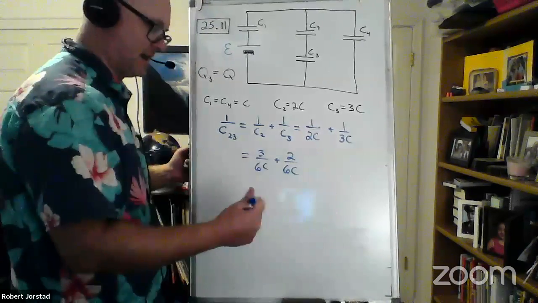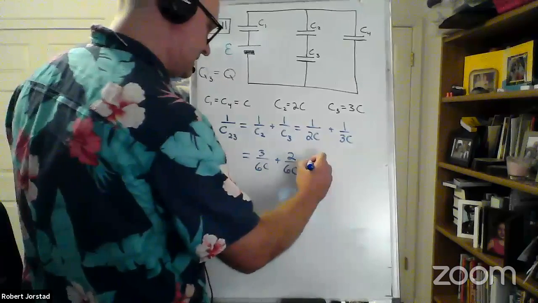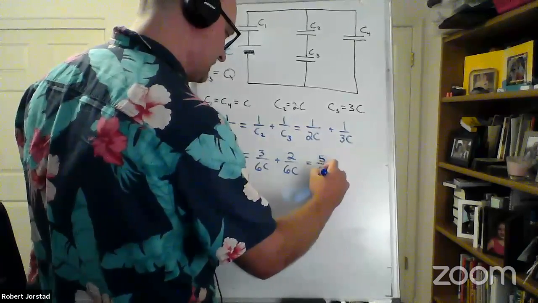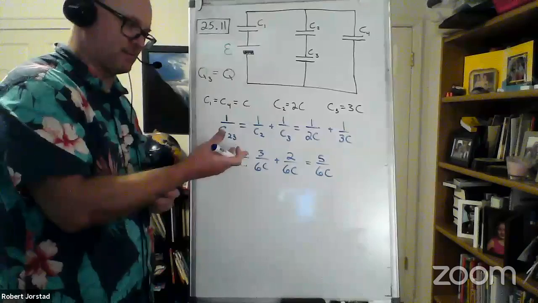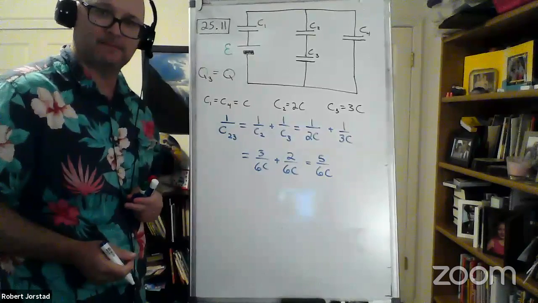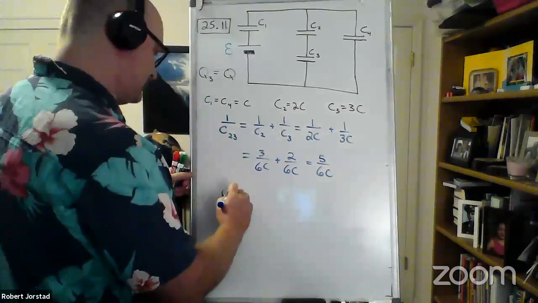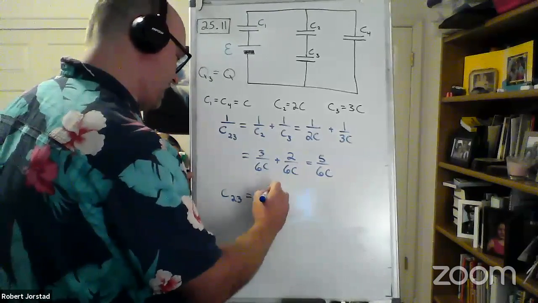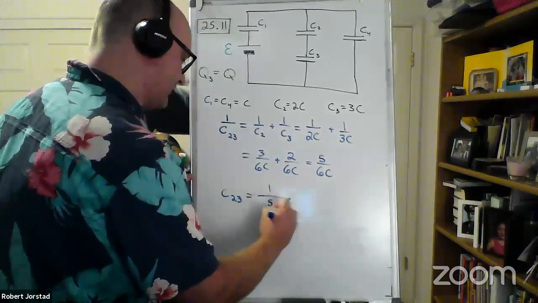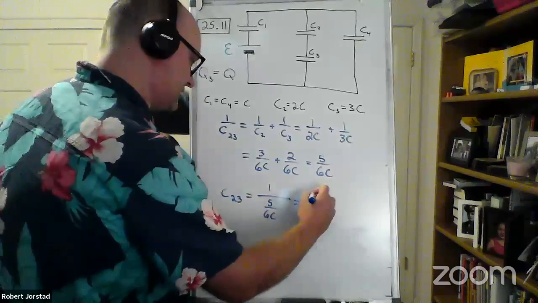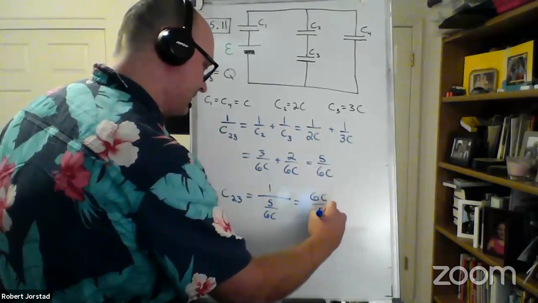You could punch it in your calculator if you wanted, but notice this is 5 over 6C. Is that the capacitance? No. No way. C's in the basement. You got to remember this is 1 over C equals that. So C23 is equal to 1 over 5 over 6C, which is equal to 6C over 5.